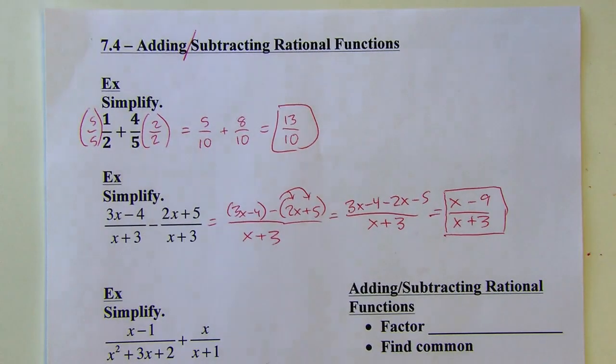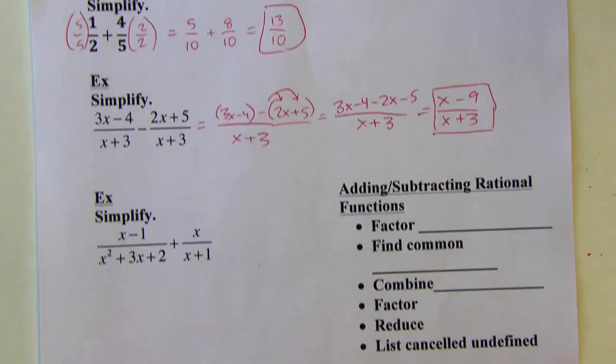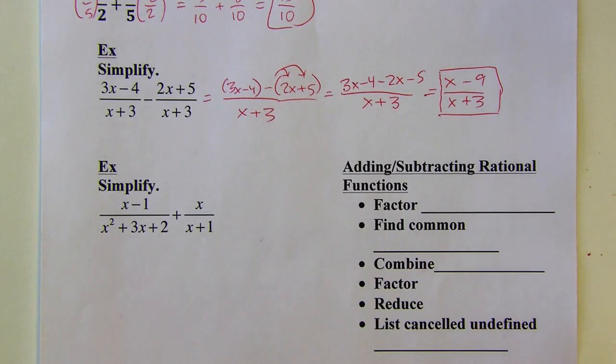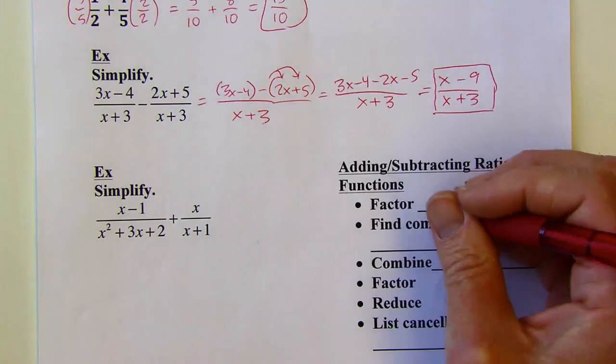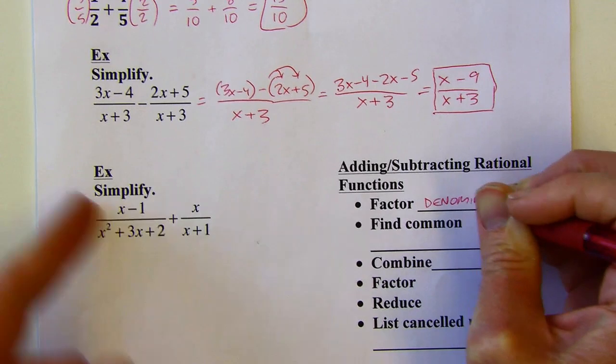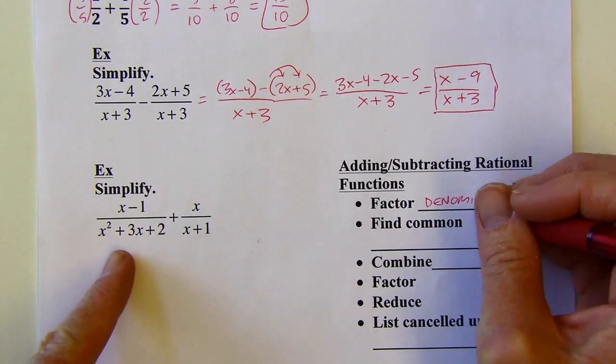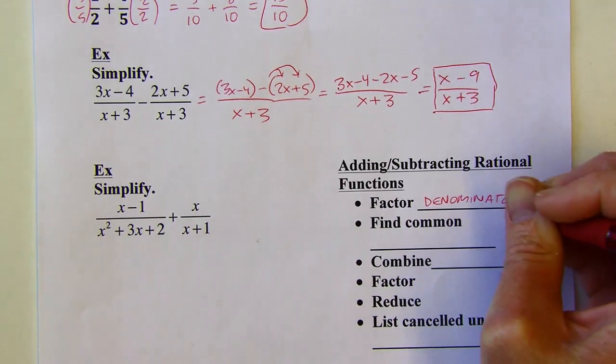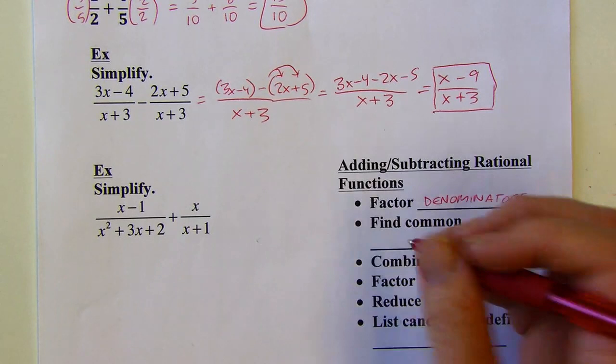All right, so some general guidelines for adding and subtracting rational functions. Factor the denominators. That's going to come into play on this next problem on the left fraction. Okay, and then we're going to find a common denominator.